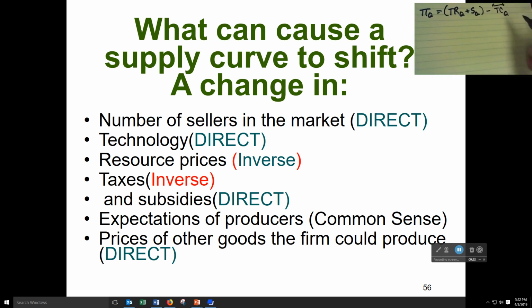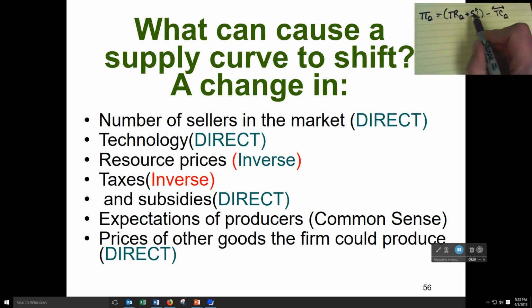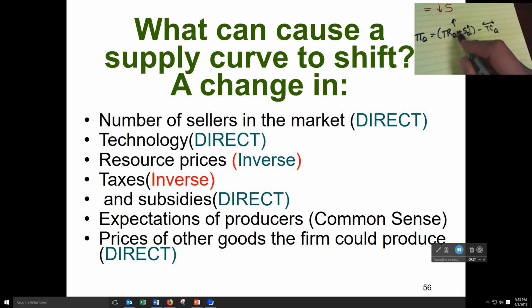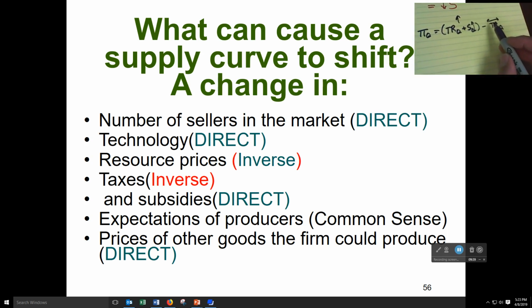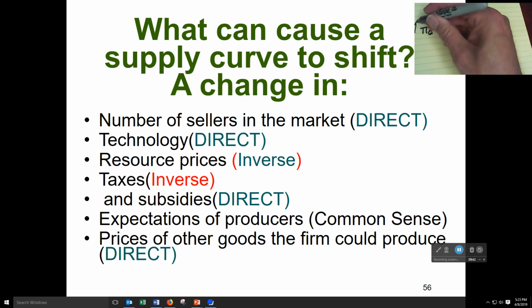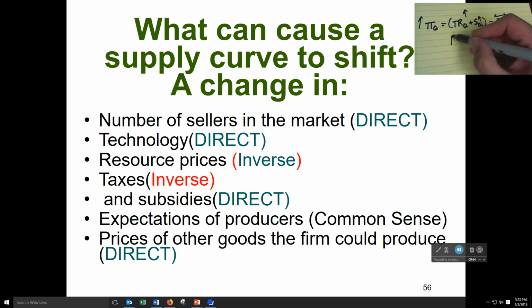Initially, subsidies don't affect total cost. But if we increase subsidies, that increases the amount of money we take in every time we produce a unit, or say a gallon of gas. So this whole thing goes up. That stays the same. I've got a bigger number minus the same number as before. That's going to cause total profit to go up.